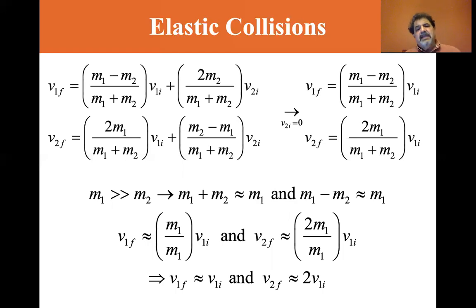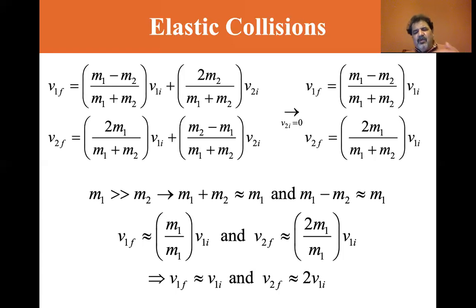So V1 final is equal to M1, is equal to about V1 initial, and V2 final is approximately twice V1 initial. And we see that in the bottom equation. V1 final is approximately V1 initial, and V2 final is approximately twice V1 initial.